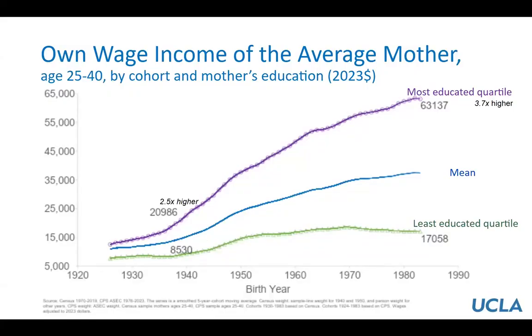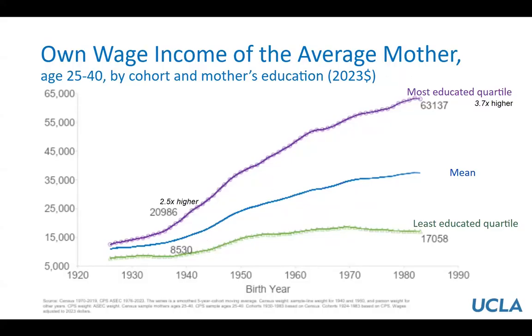One of the implications of a number of these trends is something I just want to point out. The demography turns out, I think, to be very, very important to thinking about the evolution of human capital. If you look at women's own wage income, the own wage income of the average mother moving across birth cohorts, starting around the cohorts of 1940, this is about 21,000 versus 8,500.